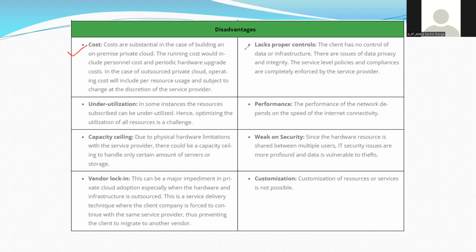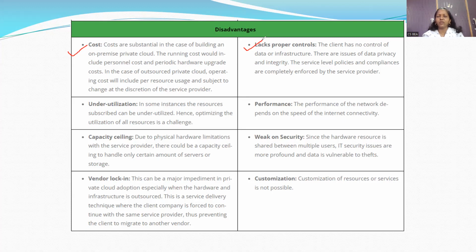But in case of a public cloud, here it lacks proper control. That means the client has no control of data or infrastructure over here. So there are issues of data privacy and integrity. The service level policies and compliances are completely enforced by the service provider only.